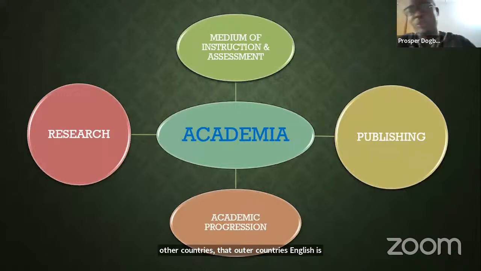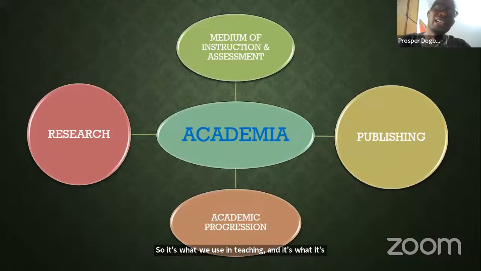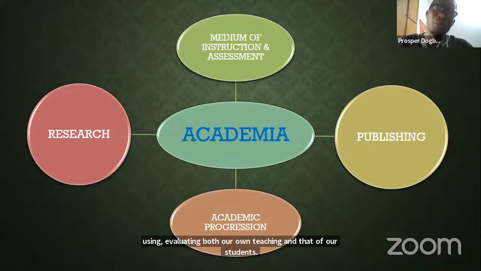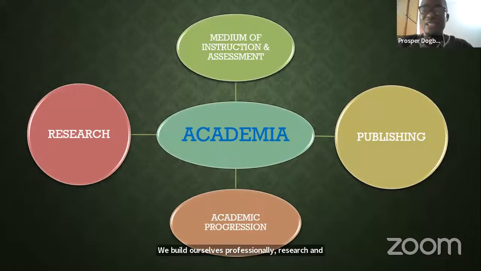So it's what we use in teaching, and it's what we use in evaluating both our own teaching and that of our students. Then in academia, we build ourselves professionally through research and publishing. And in all these spheres within academia, English is the medium that is often used.